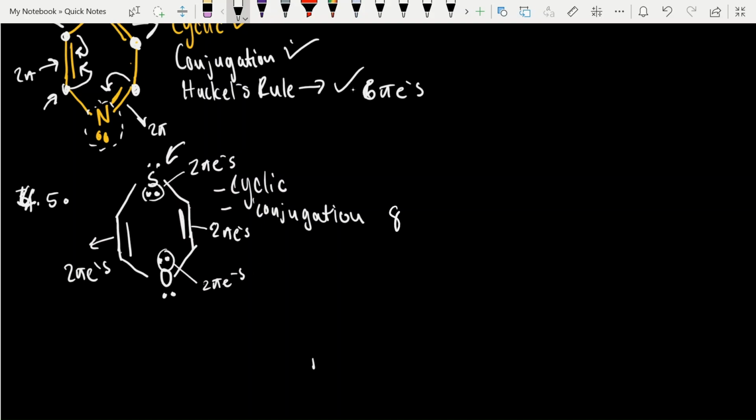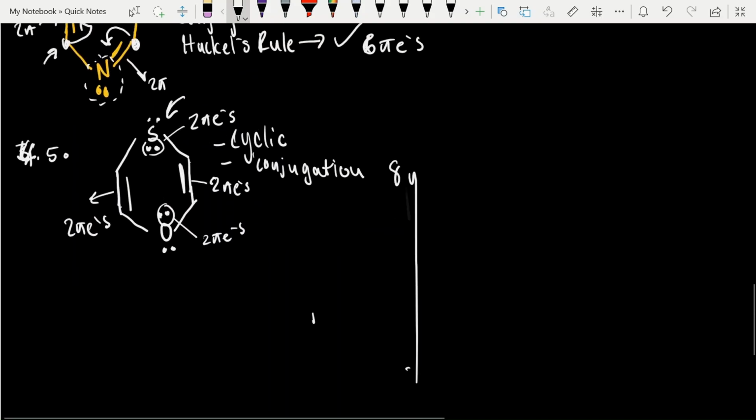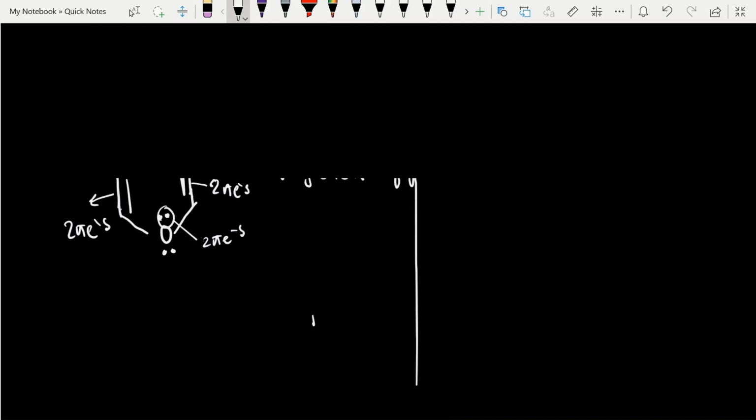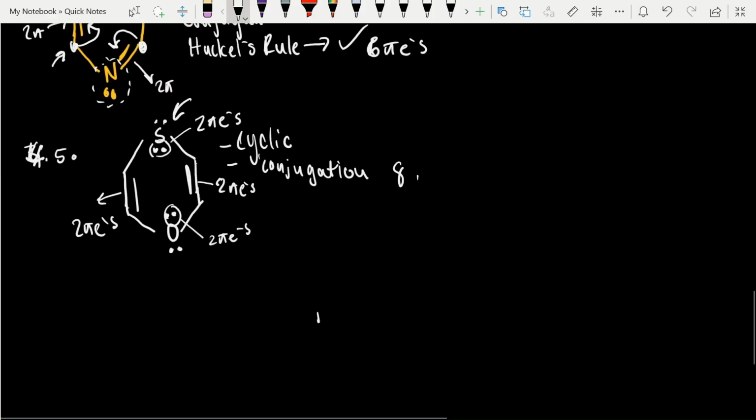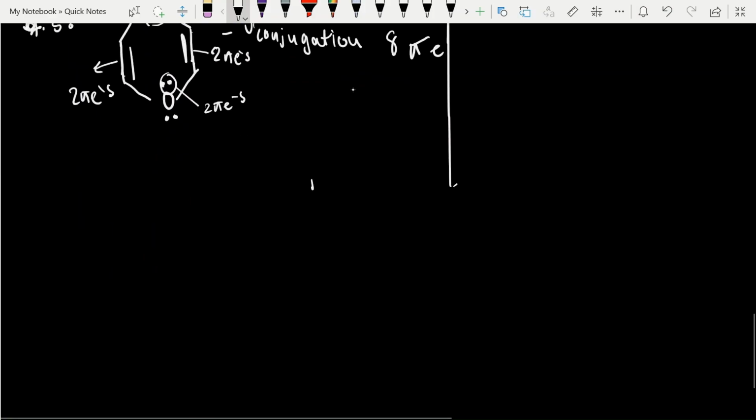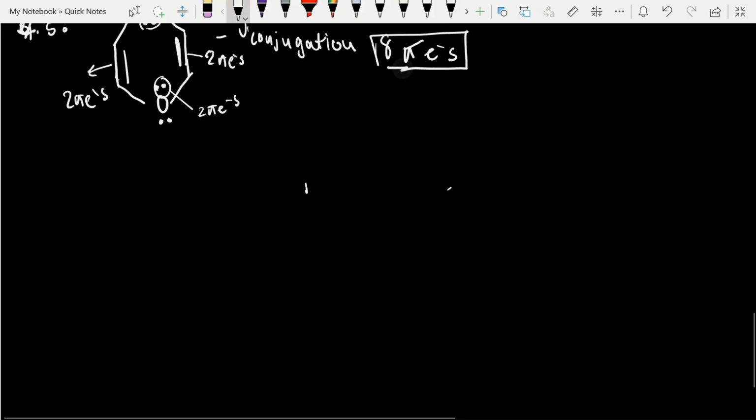It's going to be 8 pi electrons. Now, is that a number we want? No. What do we want? 2, 6, 10. So it doesn't qualify, therefore it's not aromatic.